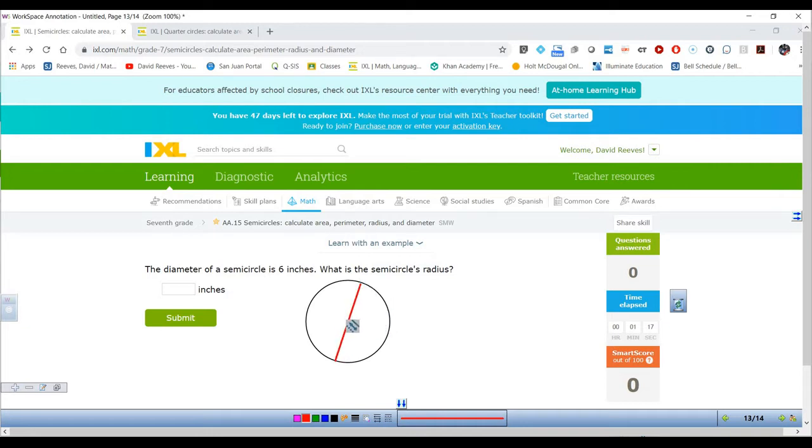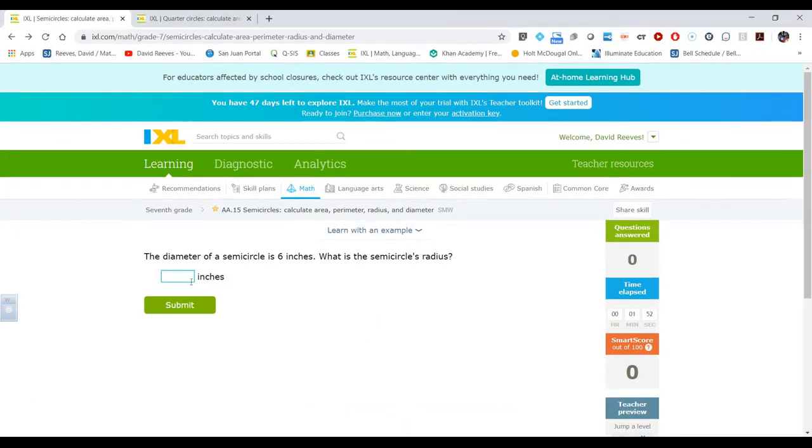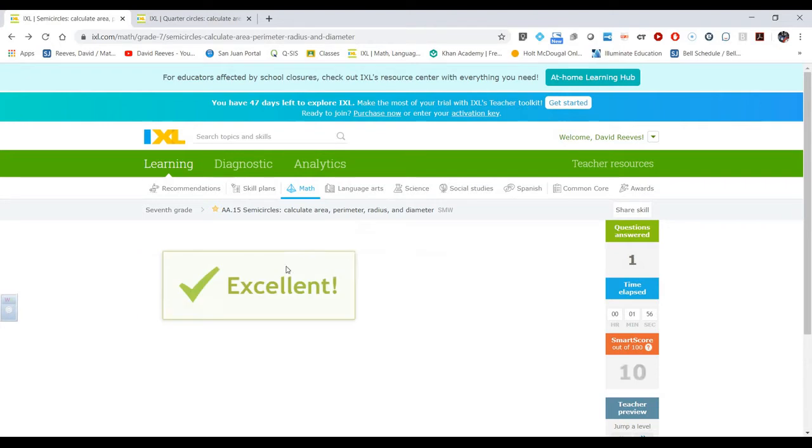Then from the center, I go off, and that's my radius. The diameter is 6 inches, so if all the way across is 6, then halfway across would be 3. So each of these radii is 3. The answer we're looking for on that first one is 3.